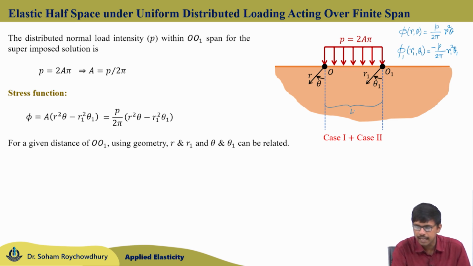This length, let us say L, will be a given length, that is the span of the external loading. For a given span of L, for any particular point, you can relate r and r1, theta and theta 1 from geometry, and thus with the help of this stress function you can get the stress components for the elastic half space problem subjected to normal loading acting over a finite span.